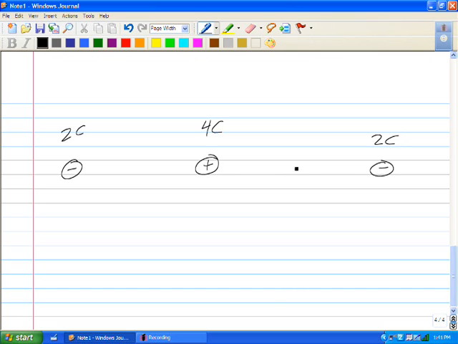Well, first of all, what would the direction of the field be between these two guys? To the right, because it's going to go away from the positive and towards the negative. What about between these two? Which way? Left, because it's going away from positive onto negative.